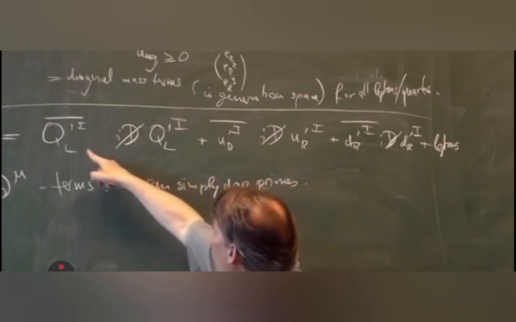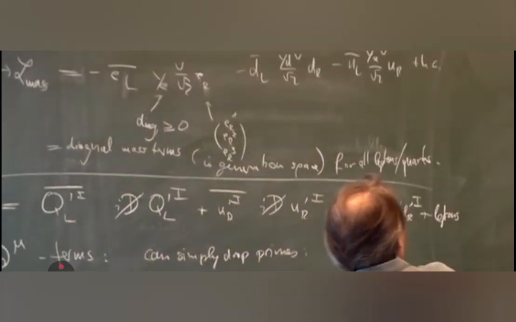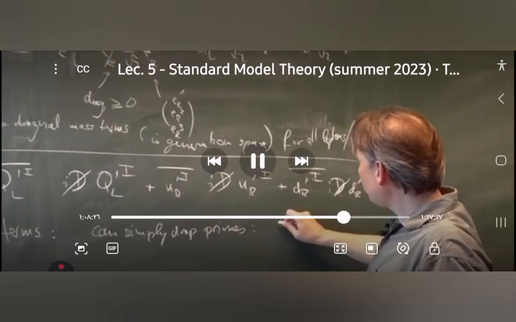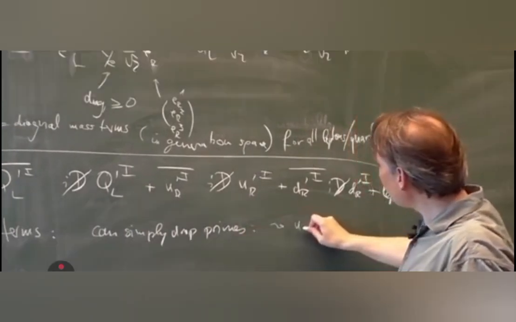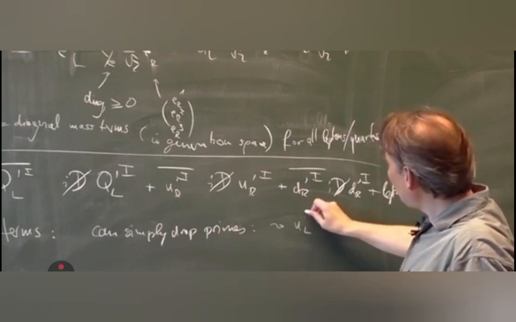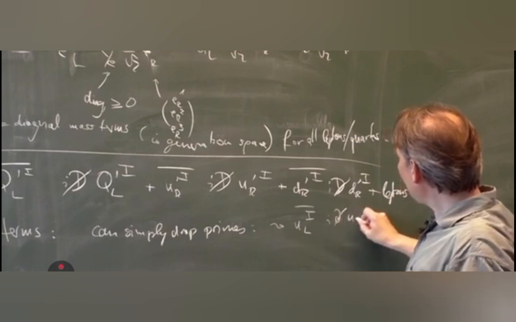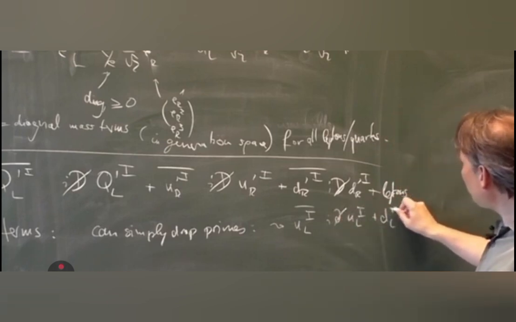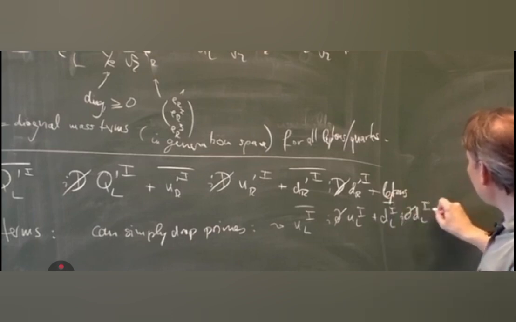And so even for the most complicated term, which is this doublet term, all the matrices drop out. So all these different matrices for all the different components drop out, and we will simply get that the ordinary derivative terms become, for example, U_L without prime but index i, bar i d slash U_L i plus the same with D, D_L i bar i d slash D_L i plus and so on.